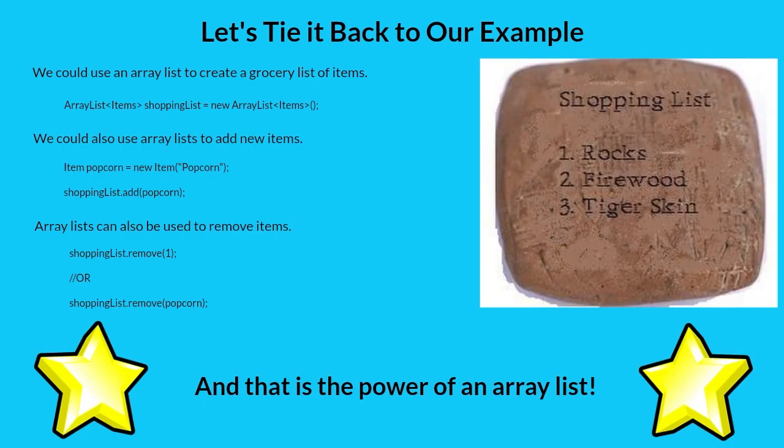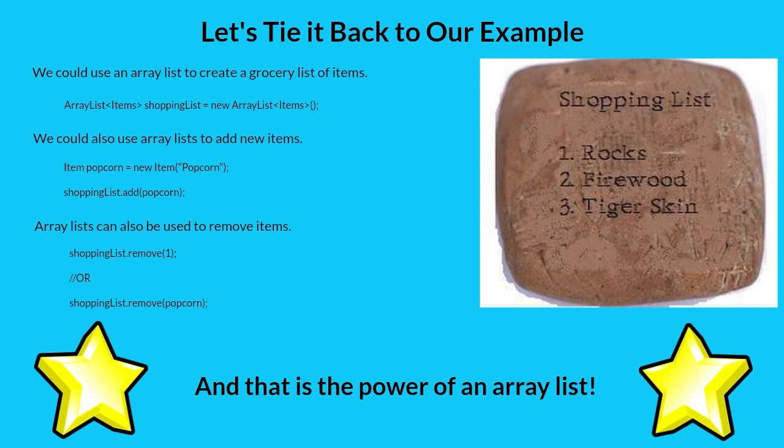Now let's tie it back to our initial example, the shopping list. We could use the ArrayList to create a grocery list of items. This could be done through something like ArrayList<Item> shoppingList = new ArrayList<Item>, where Item is our data type and shoppingList is the name of our array. We could also use an ArrayList to add new items.